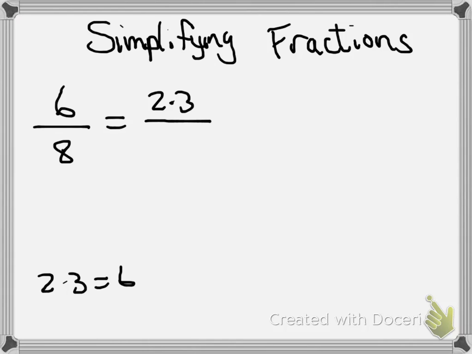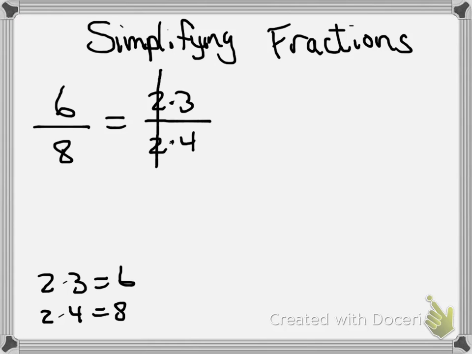That's true. So what are the factors of 8 besides 1 times 8? Well, 2 times 4 equals 8, so we're going to write 2 times 4. And when you have things in the numerator, which is the top set of numbers, and you have things in the denominator, which is the bottom set of numbers, and everything's being multiplied, well, you can go ahead and cancel out pairs of things.